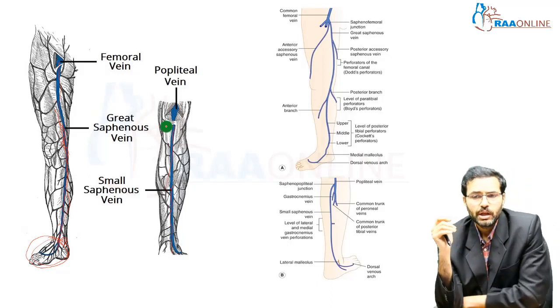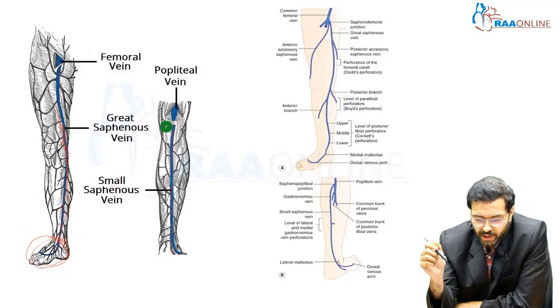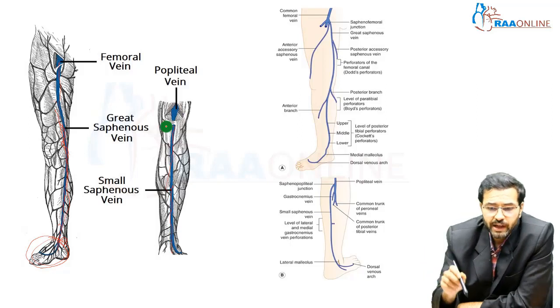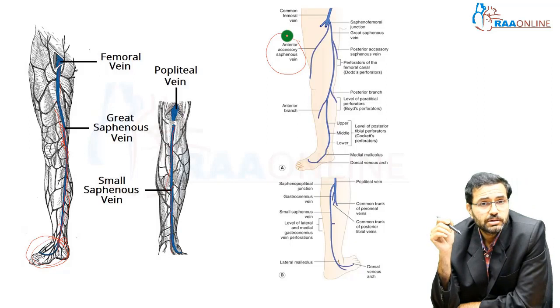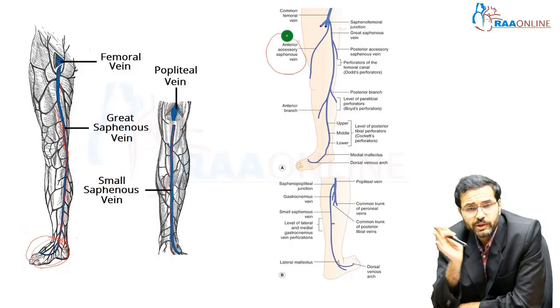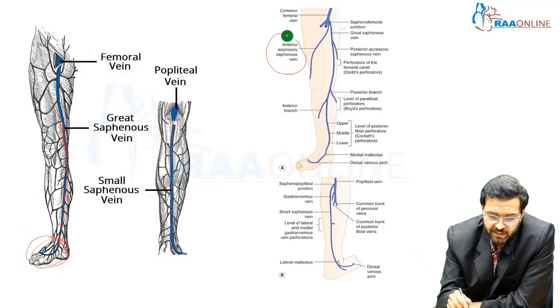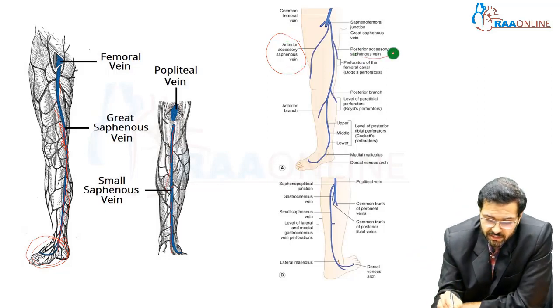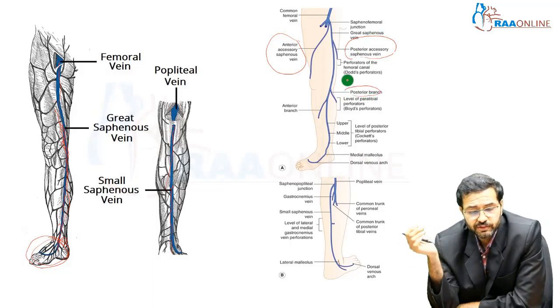Now these veins have their own branches. The great saphenous vein has the following tributaries. You cannot call them branches, you can call them distributaries. You have draining veins, veins which drain into it, which are called communicating veins. These can be the anterior accessory saphenous vein, the posterior accessory saphenous vein, the posterior branch, and the anterior branch of the saphenous vein.